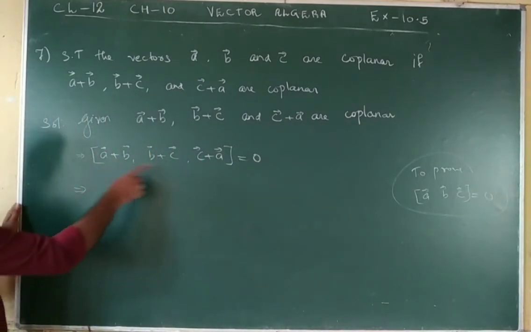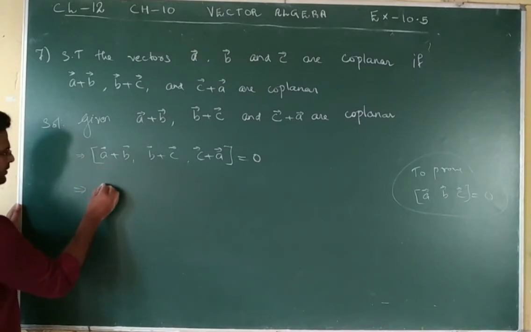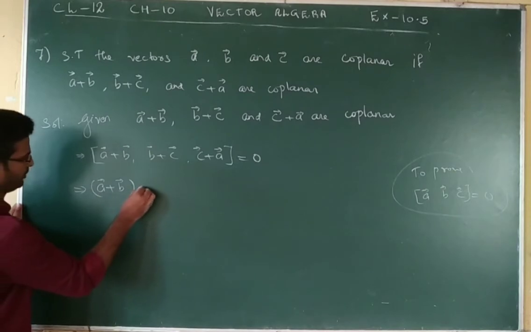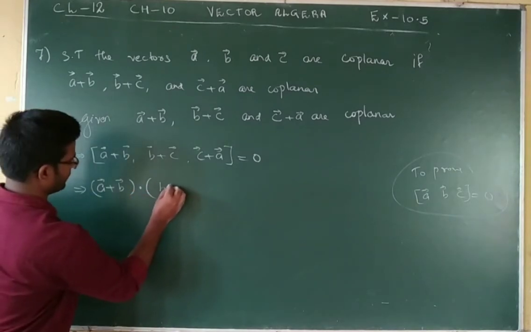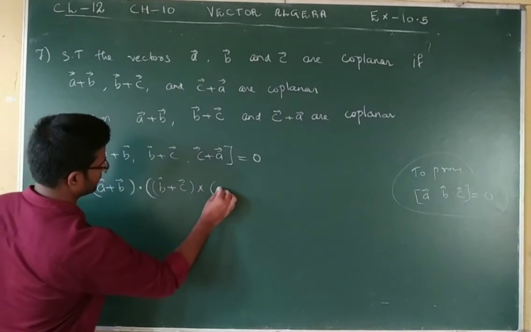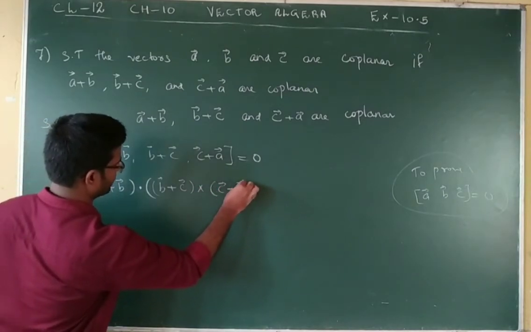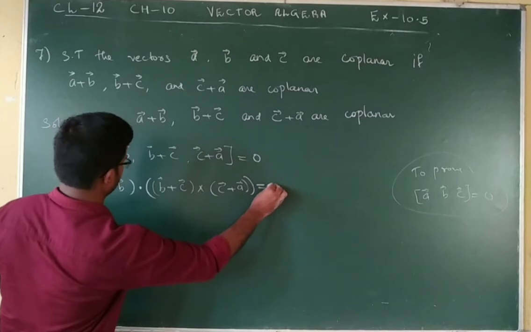Then this one we can rewrite: A plus B dot B plus C cross C plus A equal to 0.